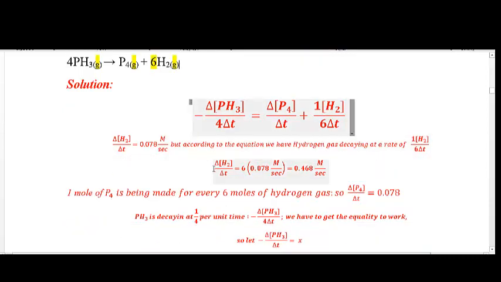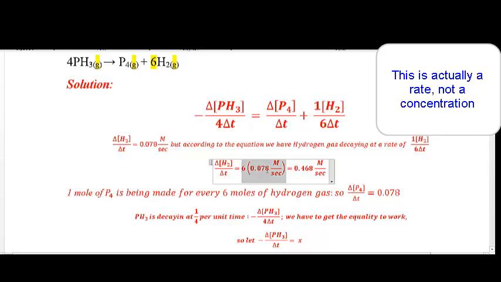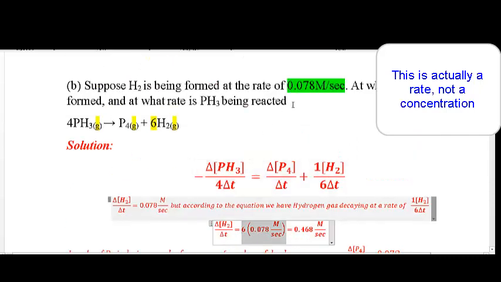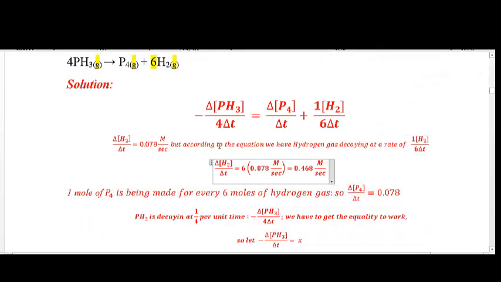So what we do is, because this is 1/6 of the change in concentration, to find the change in concentration of just 1 mole, we multiply this concentration by 6. This was the concentration given to us, and we get 0.468. All right, because 6 moles are being made for every 1 mole.